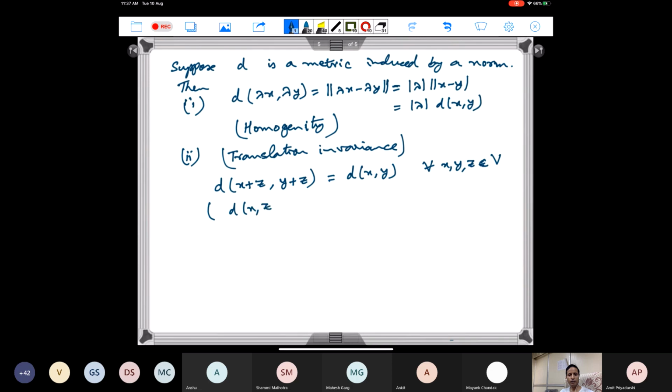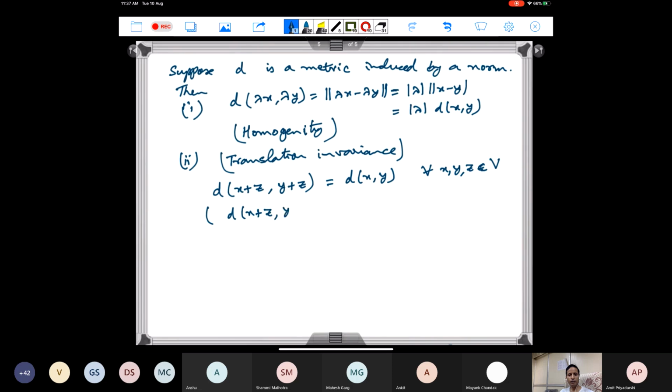And again, the proof is very simple, because d of x plus z and y plus z is nothing but norm of x plus z minus y plus z, and z cancels, and this is norm of x minus y, which is equal to d of xy. Right. So distance does not change if you translate the vectors by any given vector.